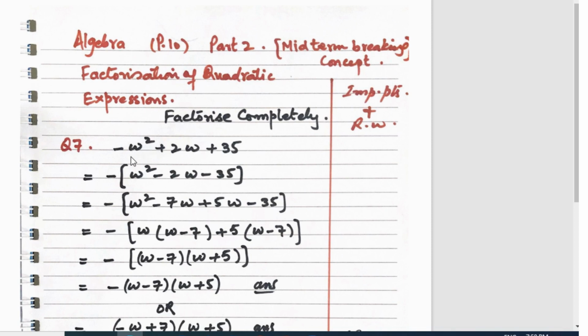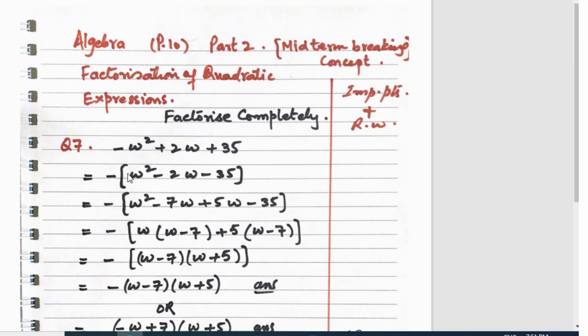What we will do is take the minus common throughout, before breaking the midterm. Minus common throughout means we write this minus outside and put a big bracket around these three terms, and all terms have their signs changed.